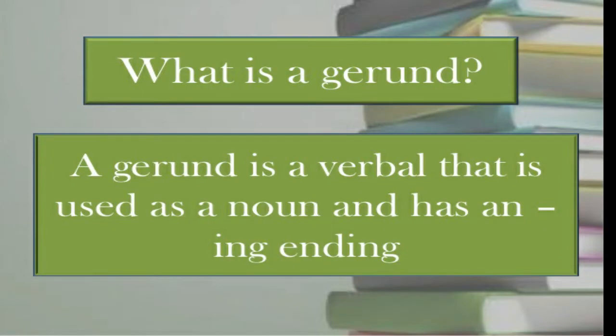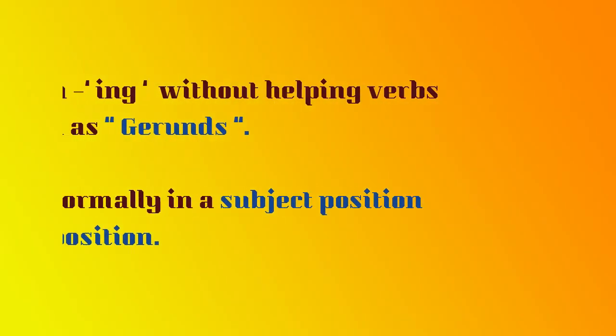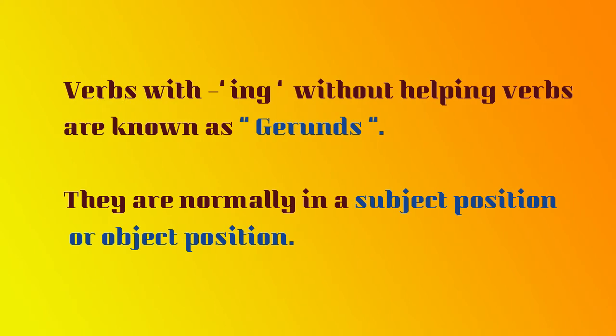They are normally in subject position or object position, and they are also called verbal nouns. Please understand, a form of the verb ending in ing and used as a noun is called a gerund.